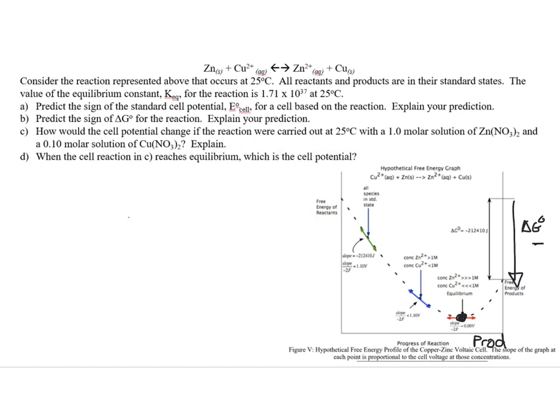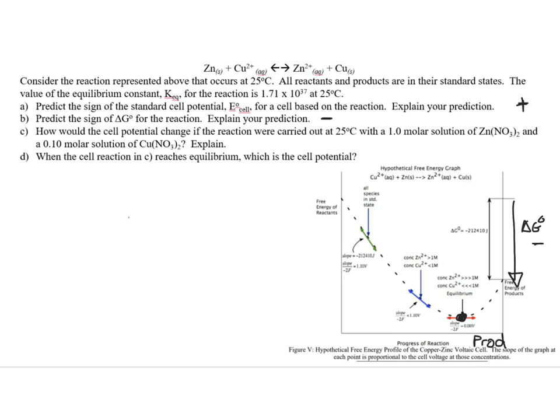And if delta G at standard conditions is negative, then, sorry, I put that in the wrong spot. If delta G for the reaction is negative, and we understand that Gibbs free energy is proportional to the opposite of the cell potential, then the cell potential at standard conditions has to be positive.